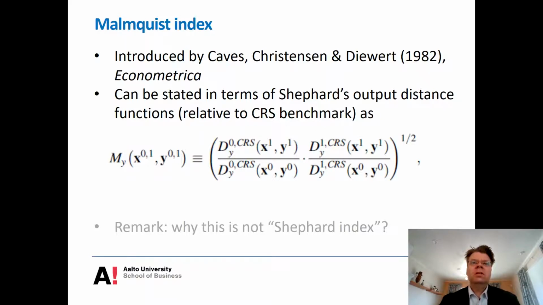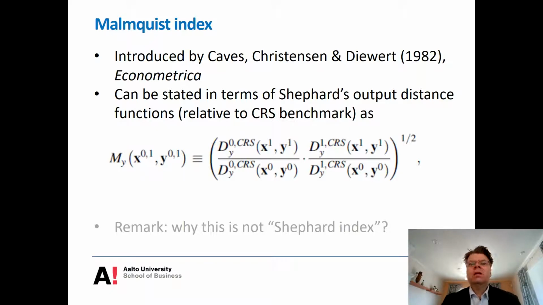This kind of productivity index was first introduced by Caves, Christensen, and Diewert in a 1982 paper. They attribute this idea to the Swedish economist, I think his first name was Sten, if I remember correctly, Malmquist, whose work was in the 1950s.